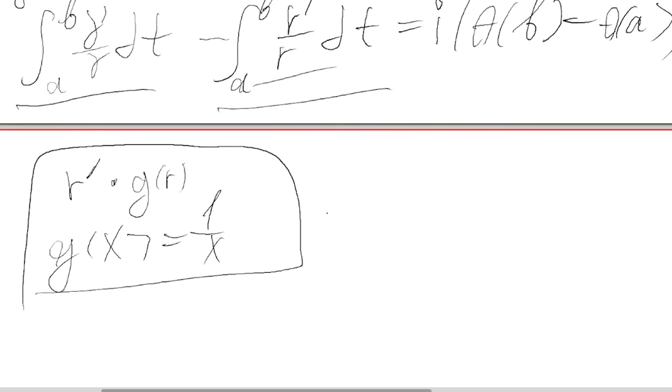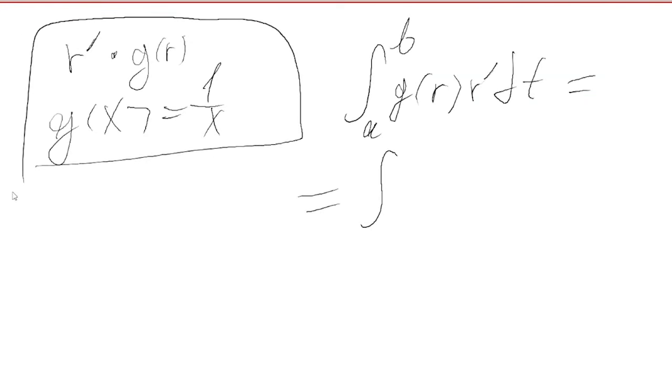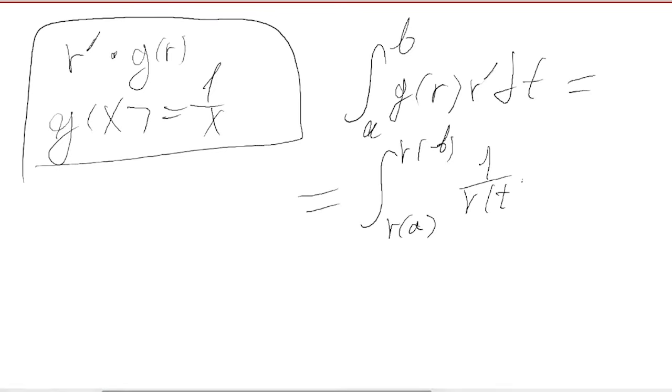So yeah, now that we express it as the integral from a to b of g of r times r prime dt, we can rewrite it as the integral from r of a to r of b of essentially 1 over r dt.